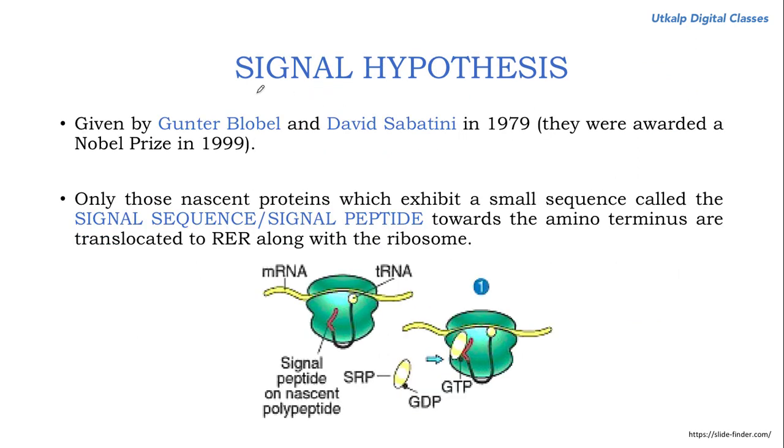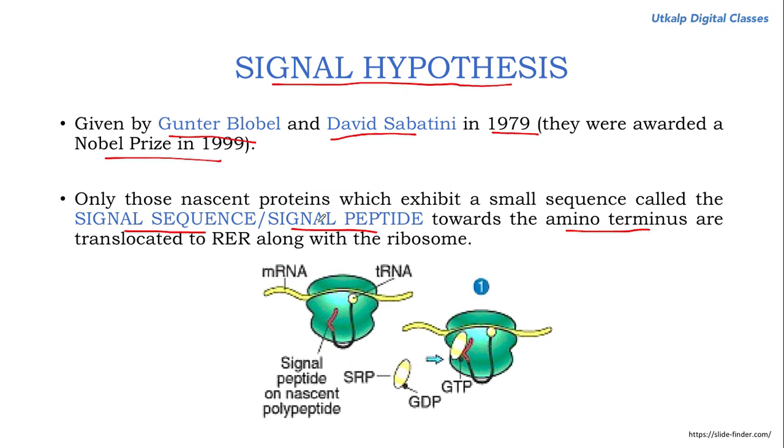Let's study these. Gunter Blobel and David Sabatini in 1979 gave the signal hypothesis, for which they were awarded a Nobel Prize in 1999. So according to this hypothesis, the nascent proteins or the nascent polypeptides being synthesized on the ribosomes have a small sequence called the signal sequence or the signal peptide towards the amino terminus, that is, towards their positively charged end, which tells us that the entire complex has to translocate to the RER.